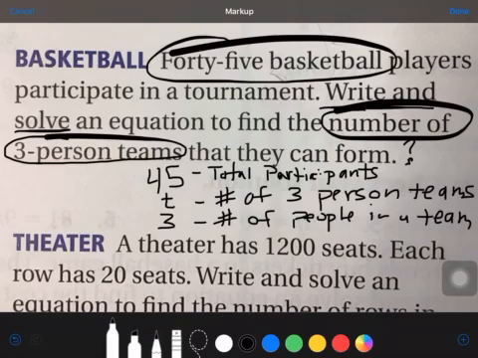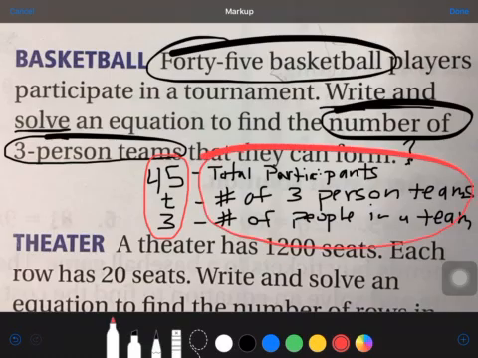So how am I now going to take these and put them in an equation that matches these relationships? So 45 total participants. When I have a total, that is usually what comes after an equal sign.